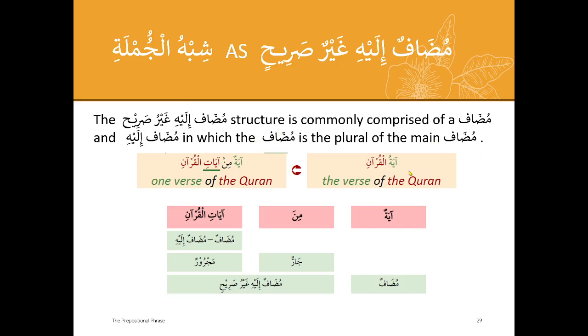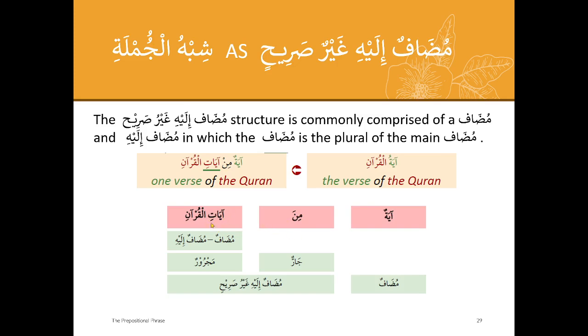So here we have ayatul Quran. When we want to say "a verse from the verses of the Quran," he's saying that whenever we have this sort of structure, usually it comes with a min.